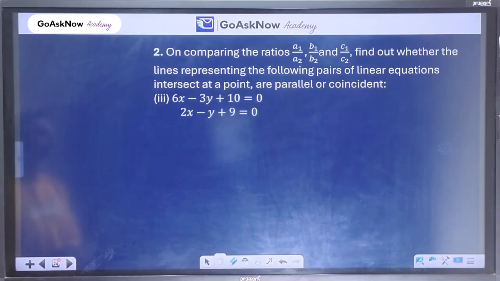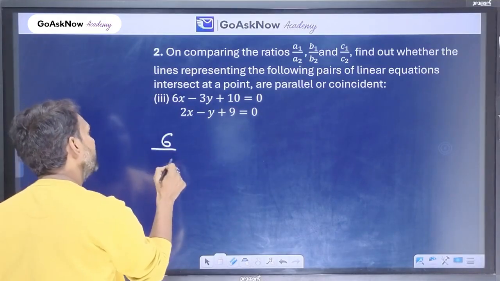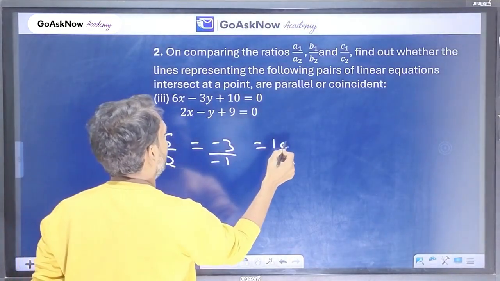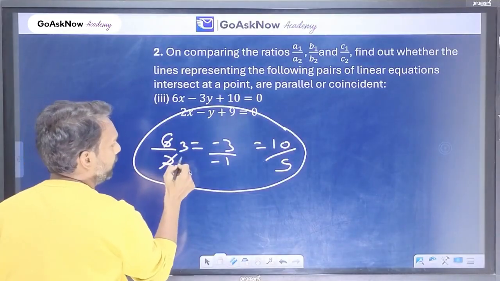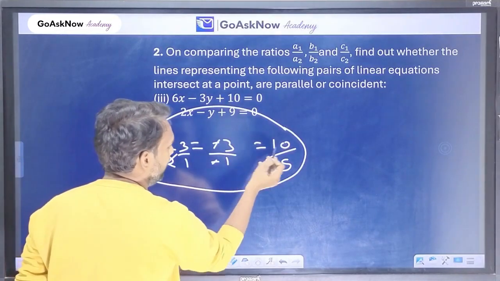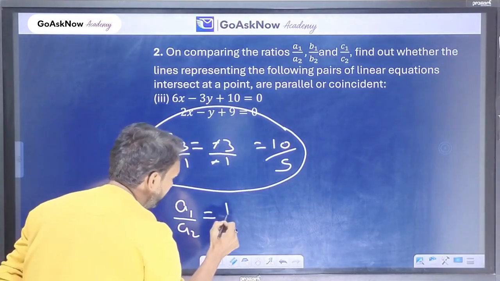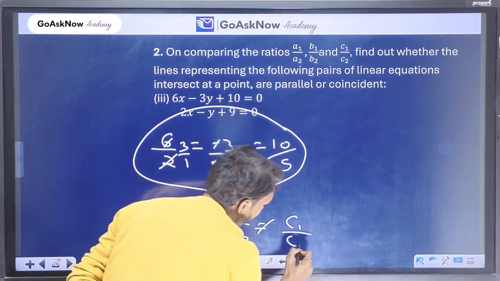Next, 6 upon 2, minus 3 upon minus 1, 10 upon 9. That is 3 upon 1, 3 upon 1, 10 upon 9. It means a1 upon a2 equal to b1 upon b2, not equal to c1 upon c2.